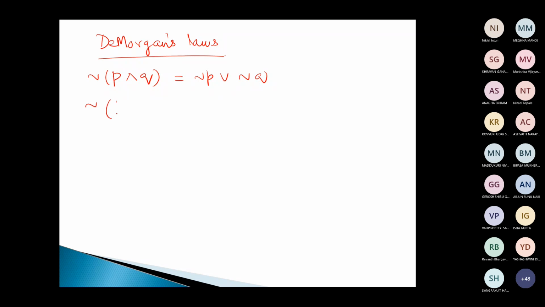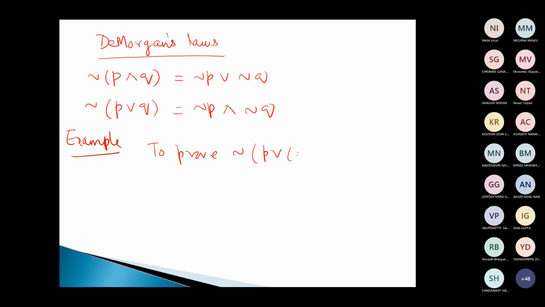The other De Morgan's law is not of P or Q is not P and not Q. The or will become and, and not is operated on each of the variables. Right. So now we'll have one example. We need to prove not of P or not P and Q is equivalent to not P and not Q.